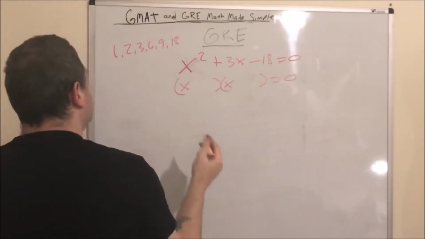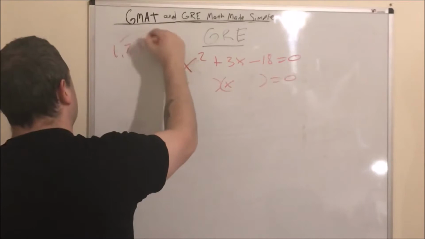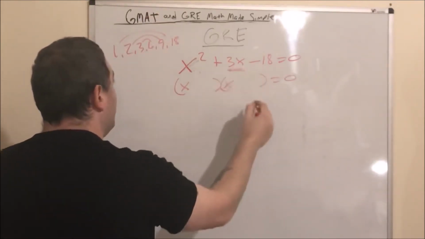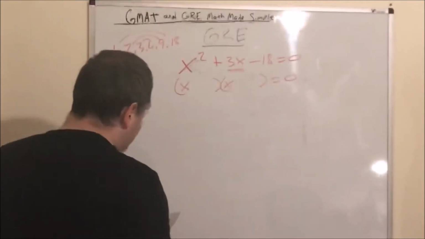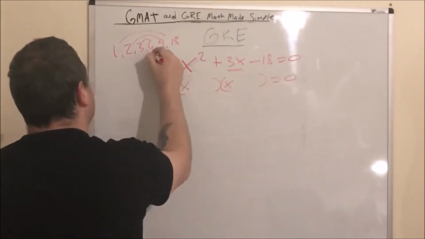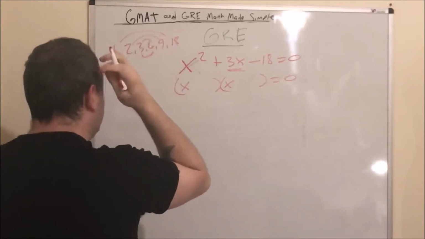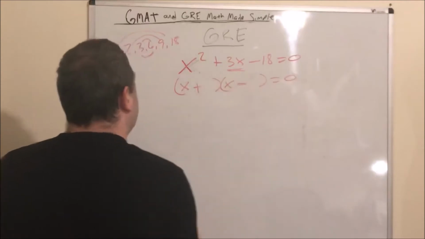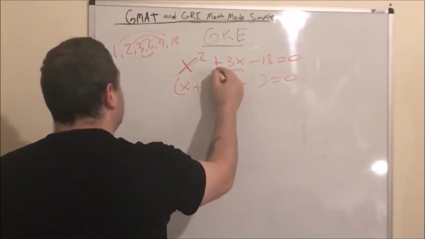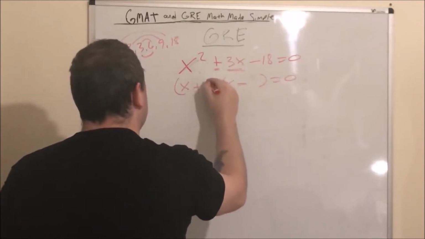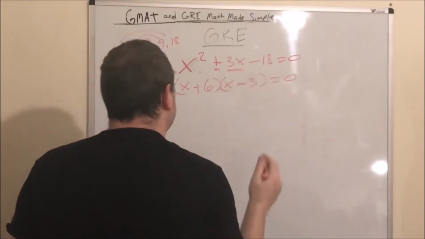Which of these pairs will give us 3 in the middle? When I look at it, we have 3 and 6, because the difference is 3. But we see that this is negative, so one of them will be positive and one negative. The positive 3x means the bigger number needs to be on the positive side. So x plus 6, x minus 3.